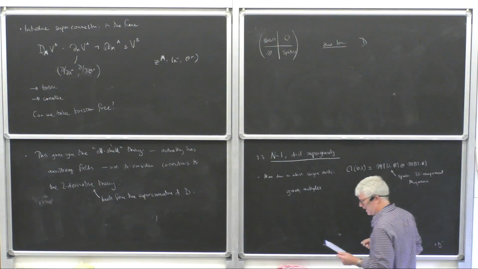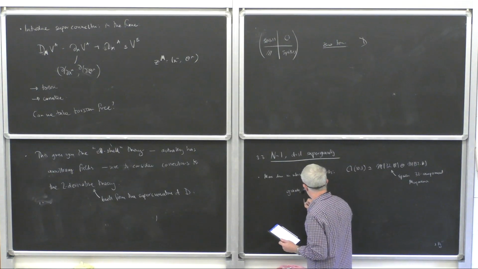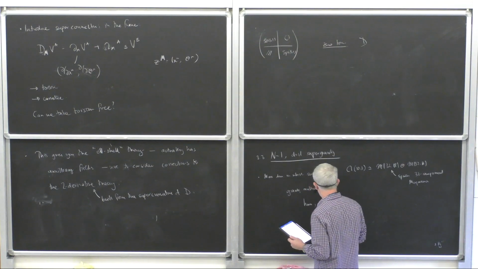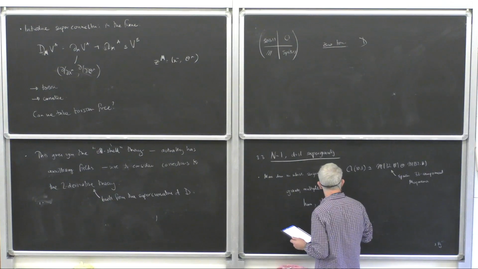And the gravity multiplet has a spin 2 field, a spin 3/2 field, and it has another field in it, which is a 3-form.